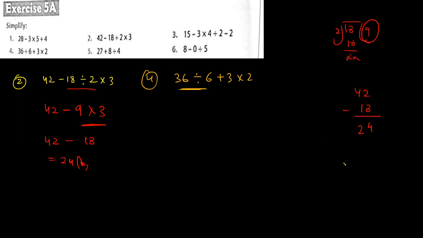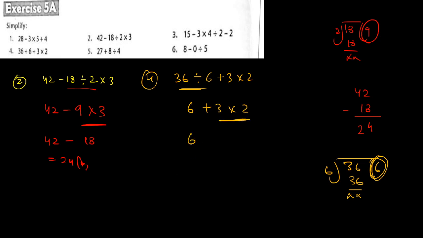So 36 divided by 6. 6 6s are 36. So we will get 6. Write 6 here. Then plus 3 into 2. Now we will do multiplication, because first we have to divide, then multiply, then add, then subtract. So 3 2s are 6. 6 plus 6 is 12. So this is the right answer. Fine.